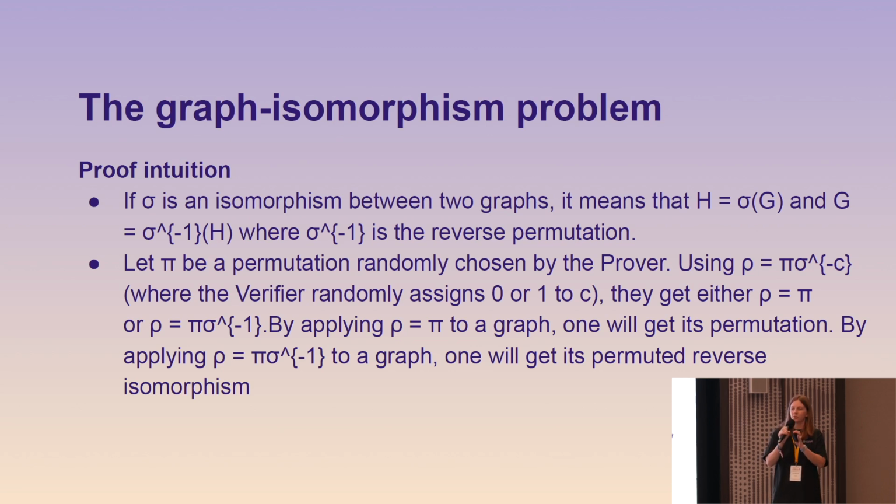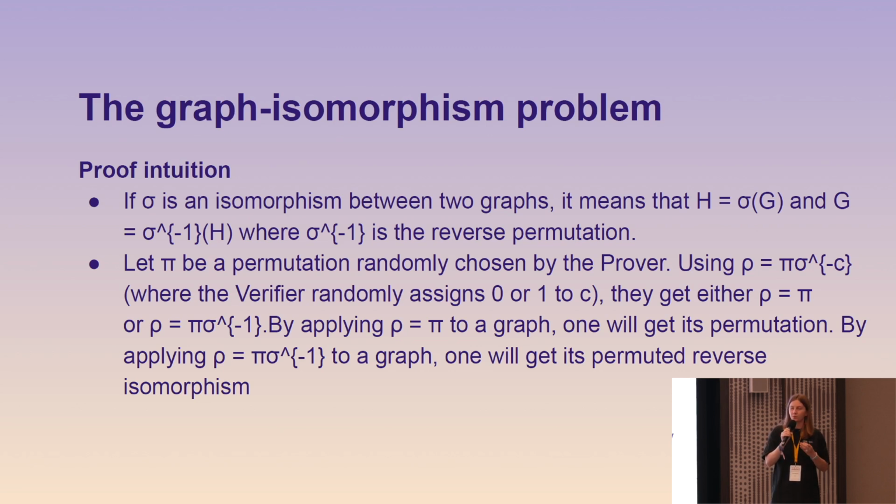The prover uses a small trick, rho. Rho equals P multiplied by sigma to the power of minus C, where C is assigned by the verifier randomly and it is 0 or 1. So depending on whether C is 0 or 1, the prover gets either rho equals P or rho equals P multiplied by sigma to the power of minus 1.